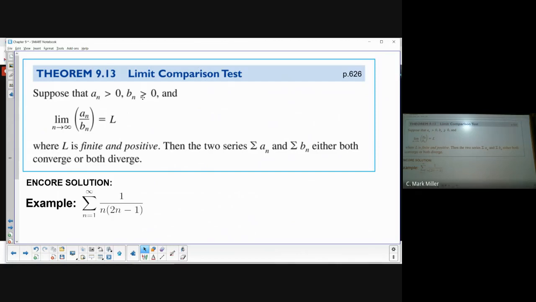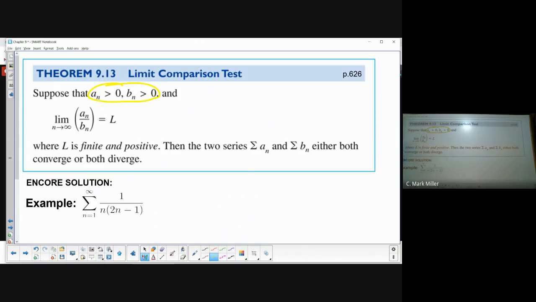So the limit comparison test says I have to have two positive series again, and that if the limit of one divided by the other equals some number that is finite, it's not enough that this limit exists.